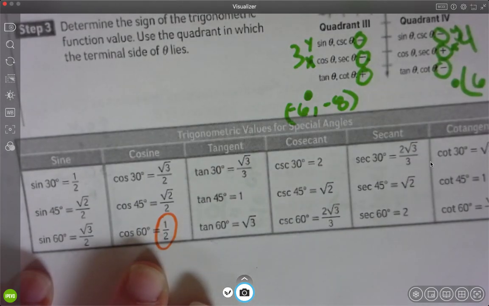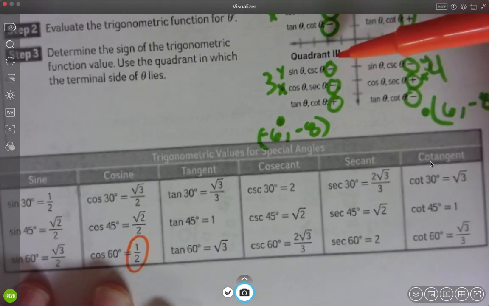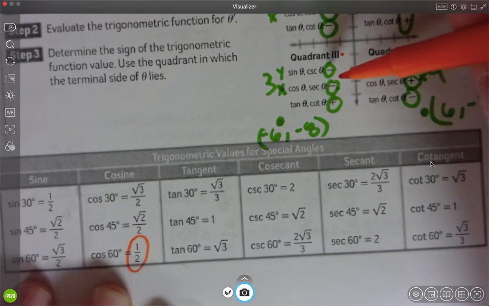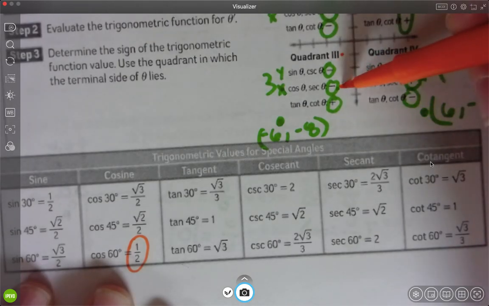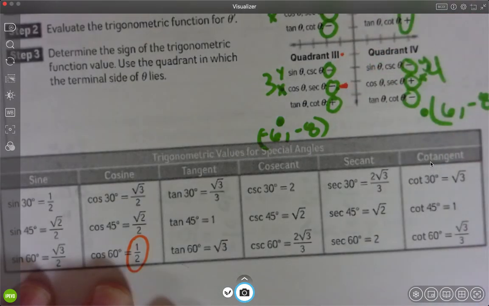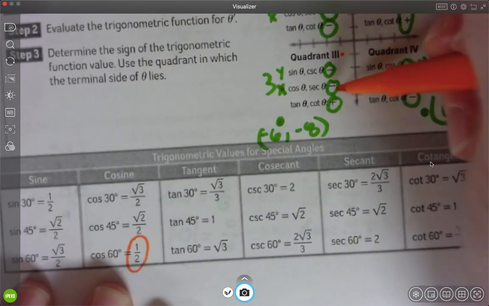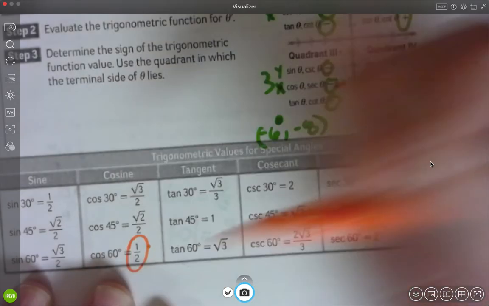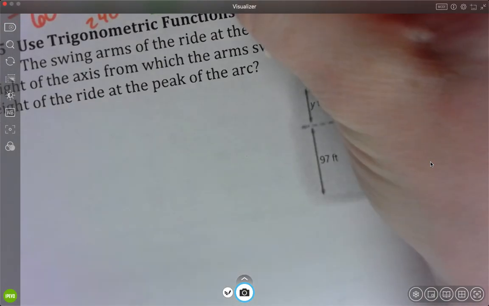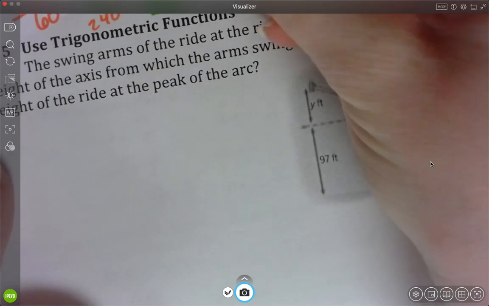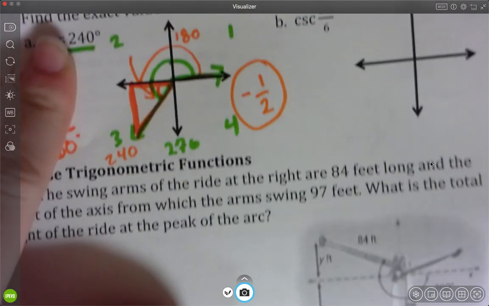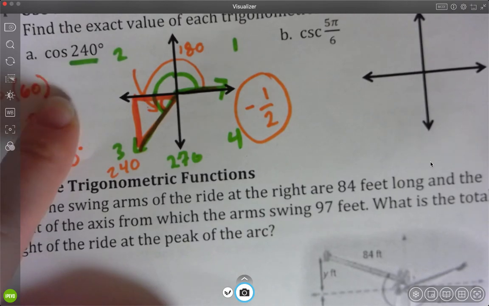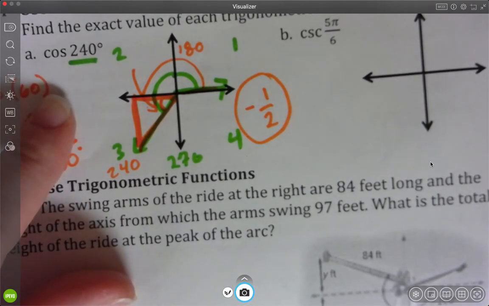Except, since we are in the third quadrant, cosine is negative. So my actual value would be negative 1/2. So the exact value of cosine of 240 is negative 1/2, right?